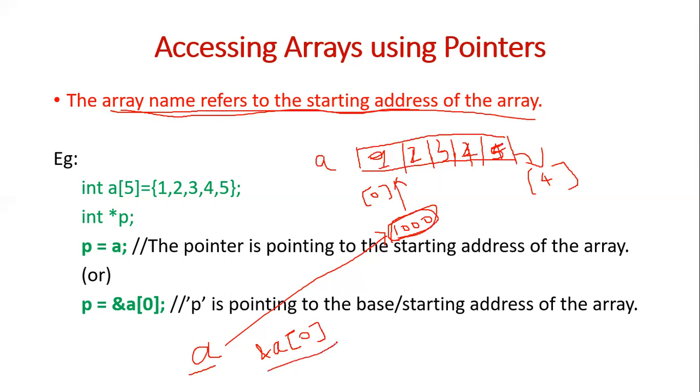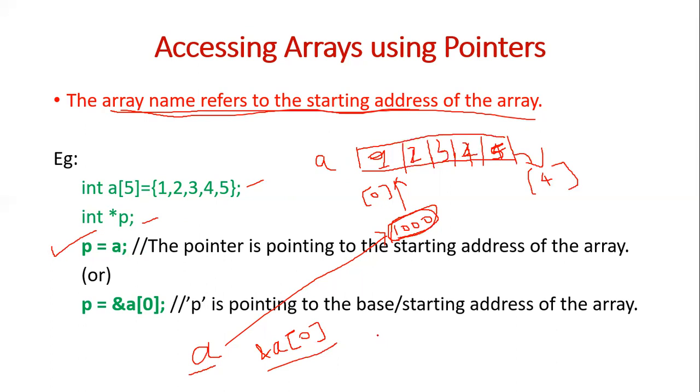Now here we are creating an array, and the array is filled with some values. Then we are creating a pointer, int star p. So p is a pointer to an integer. Then we want to make this pointer point to the base address, or the starting address, of this array. For this, you can use the statement p is equal to a.